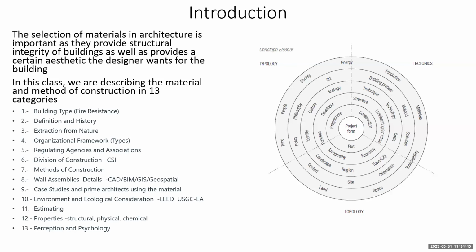Let me see here. So first we went through the different typology, tectonics, and topology of construction, and the materials and methods of construction in the 13 categories.